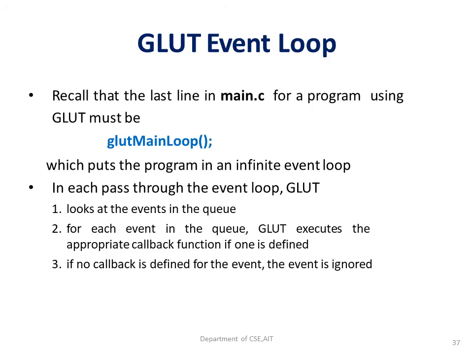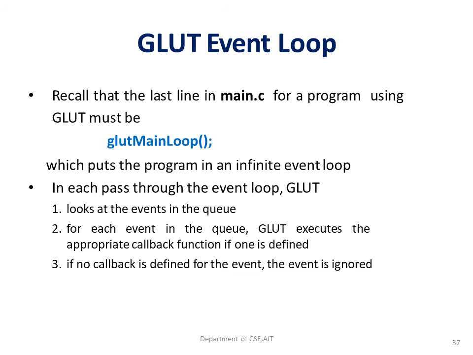You must remember that in a program, when we have the main function, the last statement in the main is always glutMainLoop. This glutMainLoop ensures that all other events present in the program will be completed. It puts the entire program in an infinite event loop and checks every event one by one in the event queue.